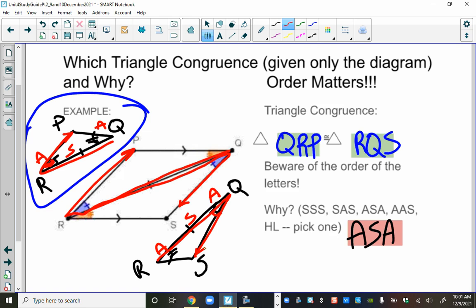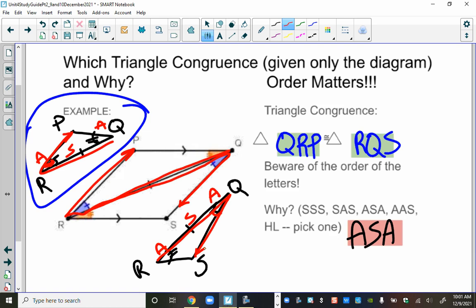Now, you might have the angles already separated. Here it was a little confusing because I know QR and RQ are the same side. But once you make that the turn in that first triangle, then in the second triangle, you gotta watch your turns.